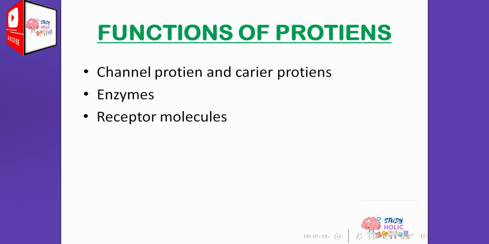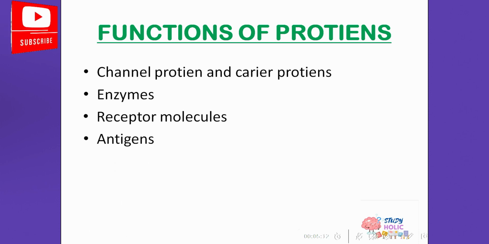Some plasma membrane proteins also act as antigens as they enable the cells to recognize other cells. For example, foreign antigens can be recognized and attacked by the immune system, and this function is performed by the plasma membrane protein. So, these were the four main functions: the channel and carrier proteins, enzymes, receptor molecules, and antigens. I hope you got the concepts about the functions of lipids and proteins.